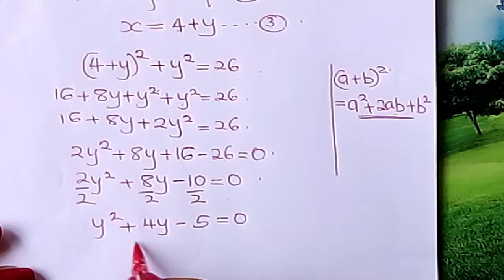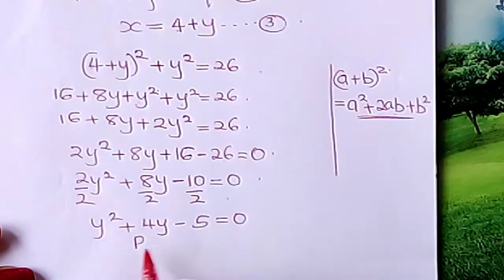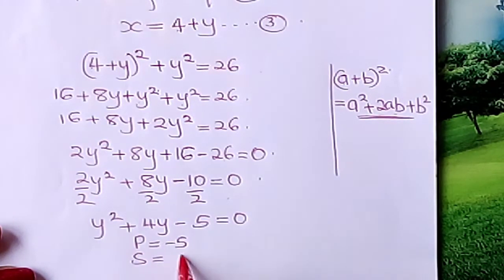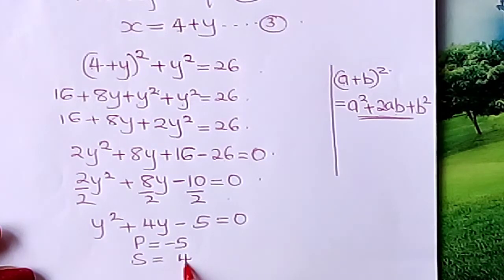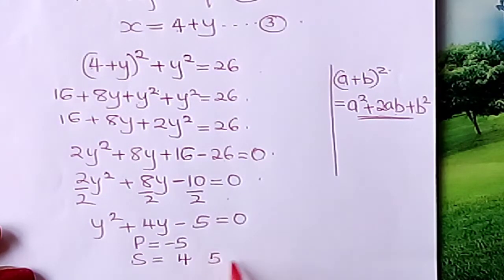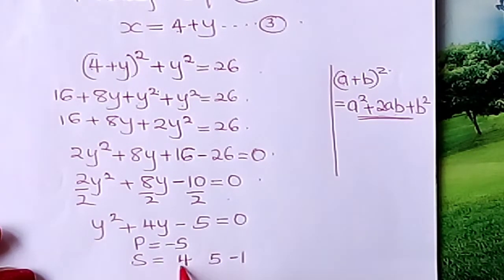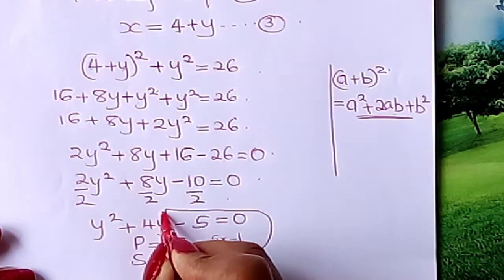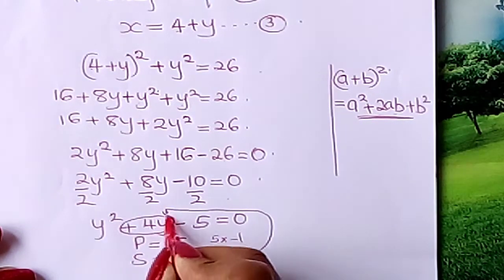Solve this by the factor method, that is product and sum. The product is minus 5. The sum is 4. The numbers that you add to get this and multiply to get this are what? The numbers are 5 and minus 1. 5 and minus 1 will give you the sum, and 5 times minus 1 will give you the product. So you come and substitute them here.